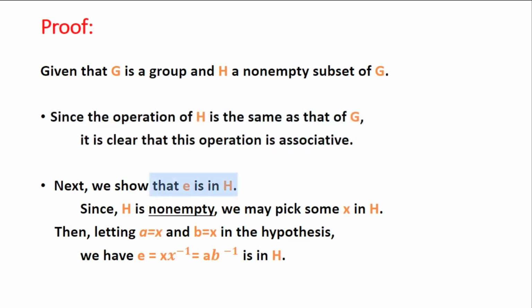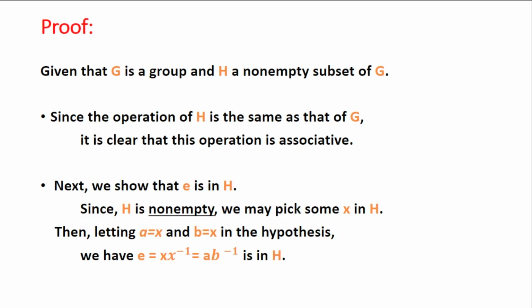Next, we show that e is in H. Since H is non-empty, we may pick some x in H. Then, letting a = x and b = x in the hypothesis, we have e = x x^-1 is in H.